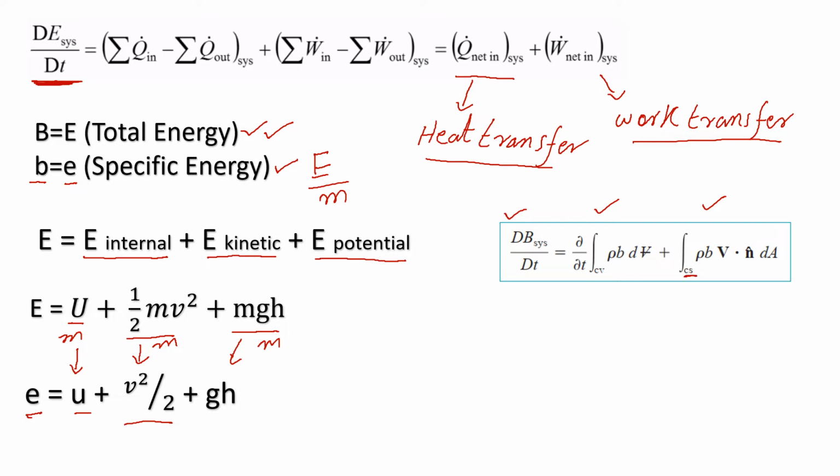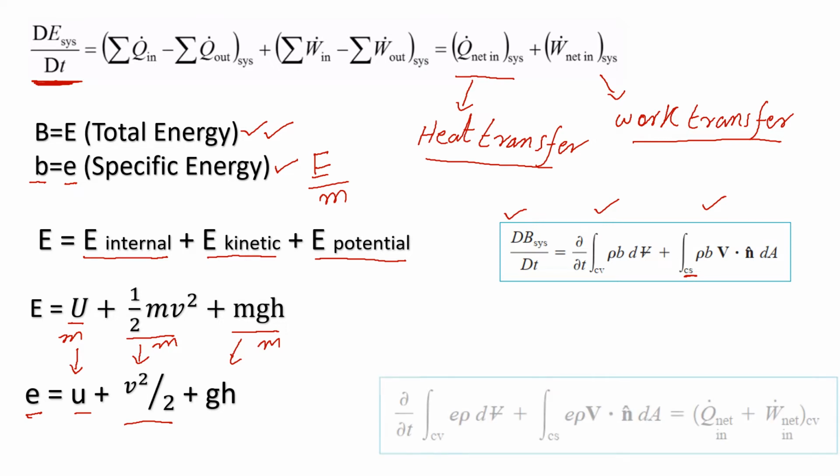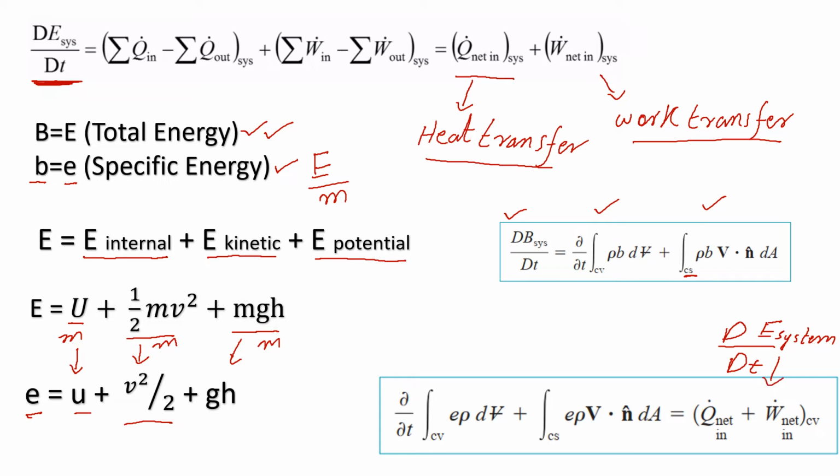Now let's look at our Reynolds transport theorem for our conservation of energy, and this is how it looks. This is my total change, dB over dt, and here instead of B I would like to write E. So that is the total change in the energy of the system is equal to the total change due to heat transfer plus due to work transfer.